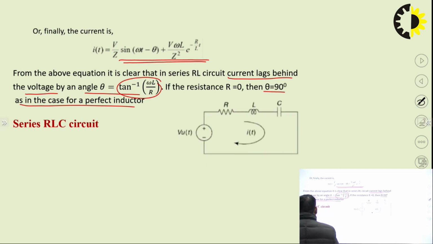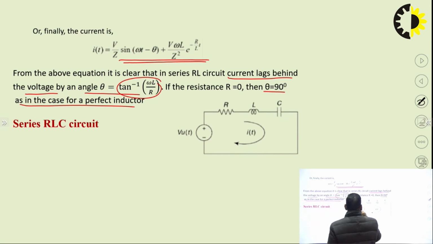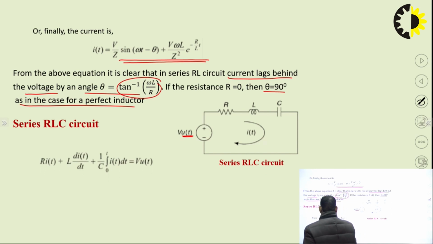For the second order system, I have considered the series RLC circuit, and it is excited by a step input. Just write Kirchhoff's voltage law for this circuit. R i(t) plus L di by dt plus 1 by C integral of i(t) dt equals V u(t).